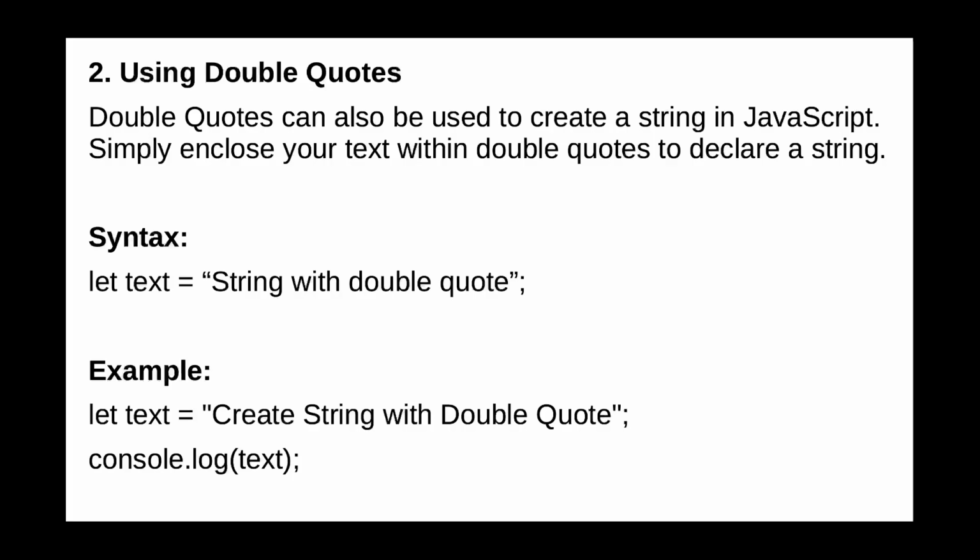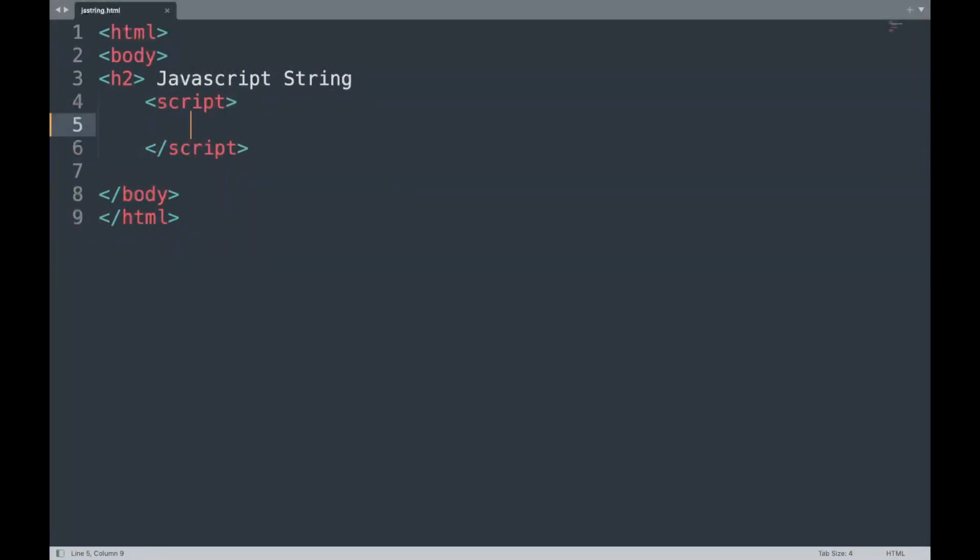So open the Sublime text editor. So here we use the let keyword and a text variable. In this variable we assign the value: create string with single quote. So we can change these quotes.